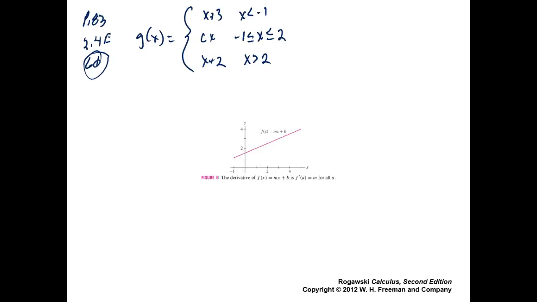Now, it says here, find the value for C such that g is first left continuous and secondly right continuous. I don't know if it's helpful to draw it or not.